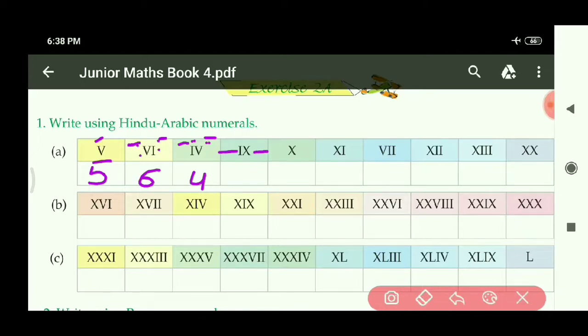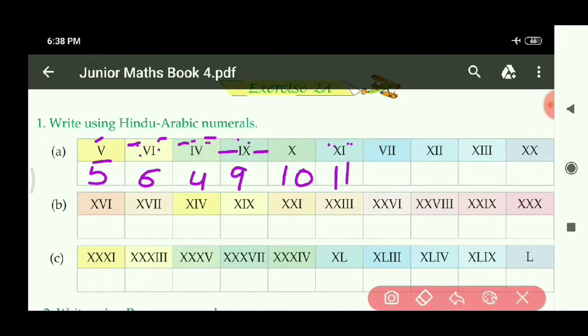So 9: X is 10 and 10 minus 1, what is left here? 9. Next, X stands for 10 only. Next XI. Here X is bigger and I is smaller. If the bigger numeral is before, that will be plus. So here 10 plus 1 is equal to 11.